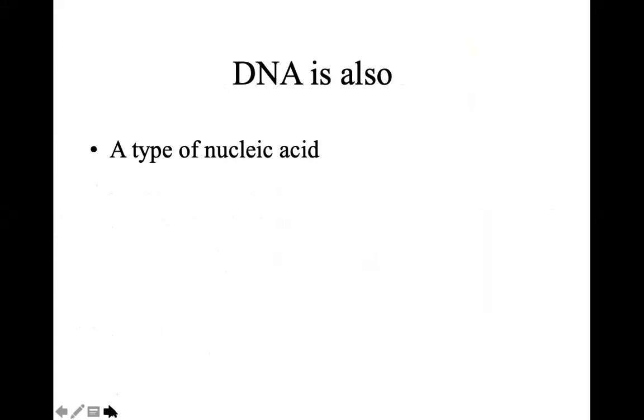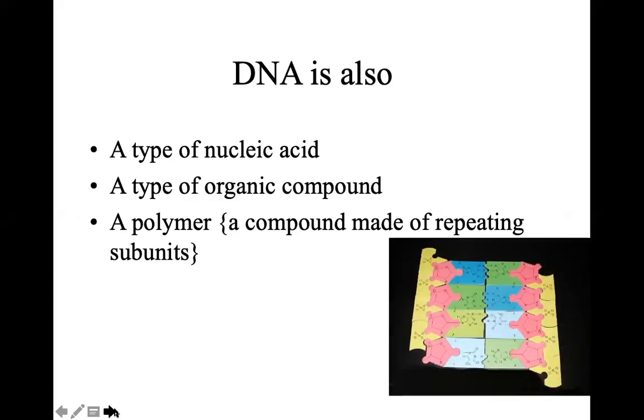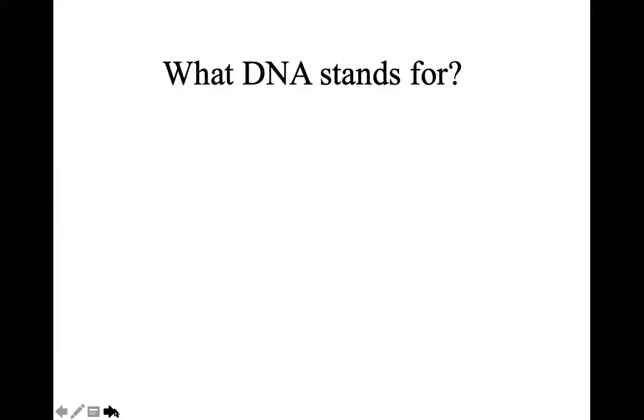DNA is also a type of nucleic acid, a type of organic compound, obviously organic compound because it is biosynthesized in the living cell, a polymer, a compound made of repeating subunits of nucleotide. And what does DNA stand for? Deoxyribonucleic acid.